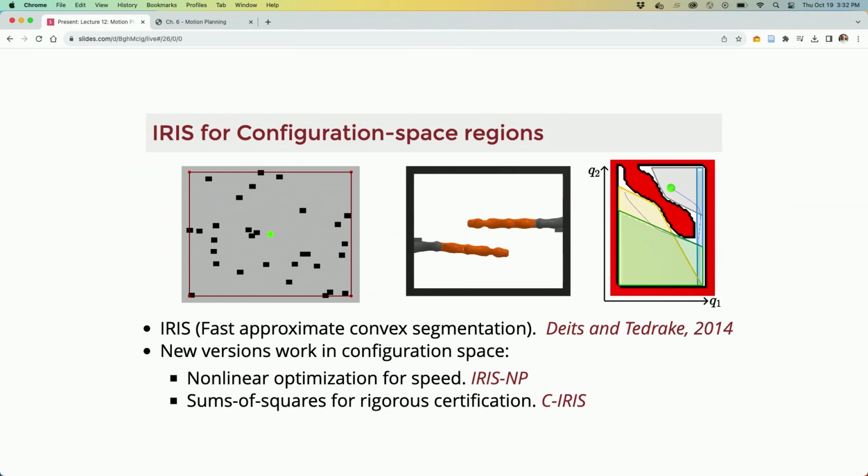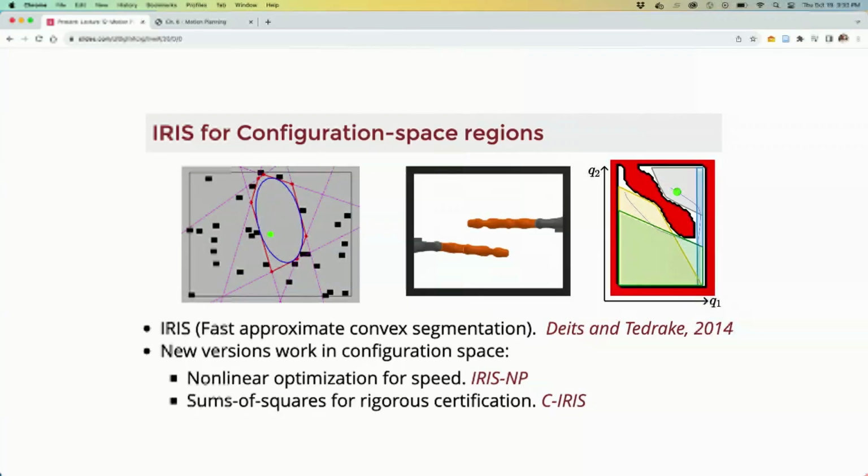Okay, so the picture here is two arms moving in a configuration space with most of these links locked so that I can make a two-dimensional plot, Q1 and Q2. So the collision space is in red, and we find these convex decompositions using a variant of that IRIS type algorithm. We're going to have you play with a simple version of IRIS on the problem set, I believe.